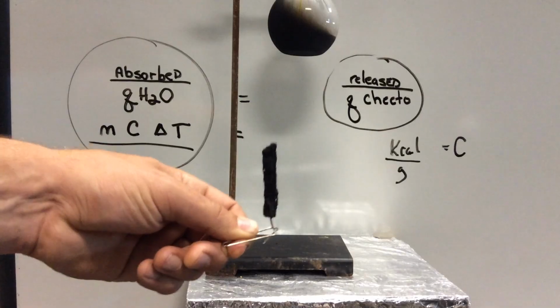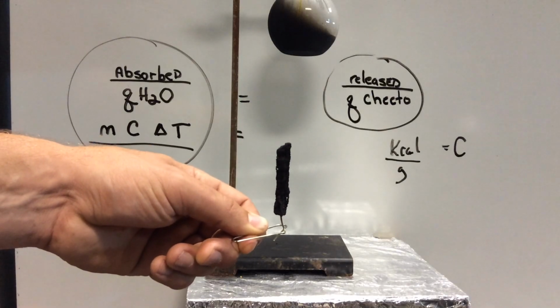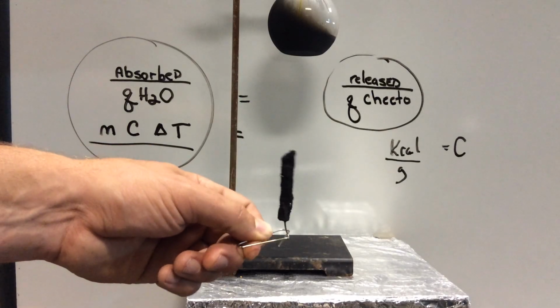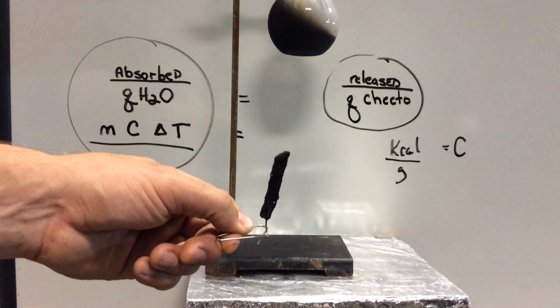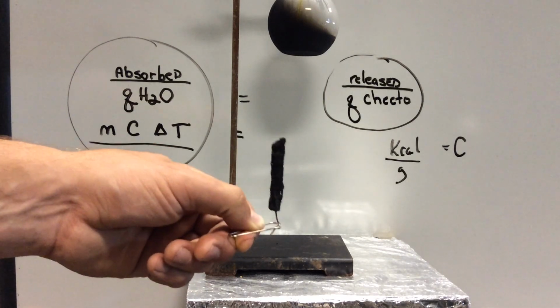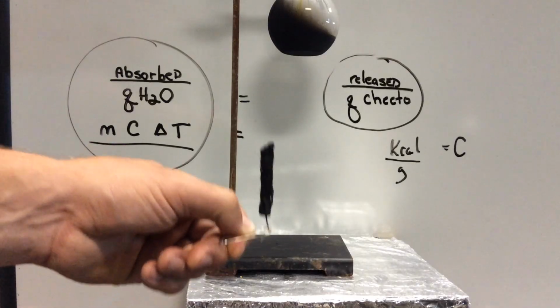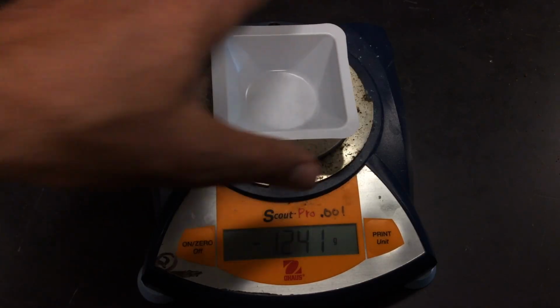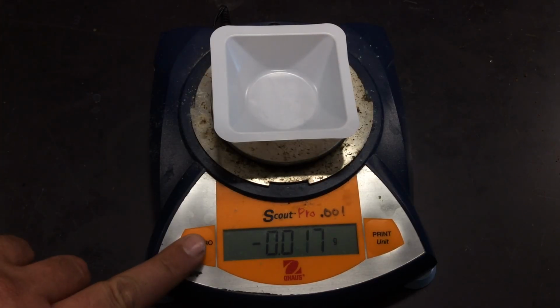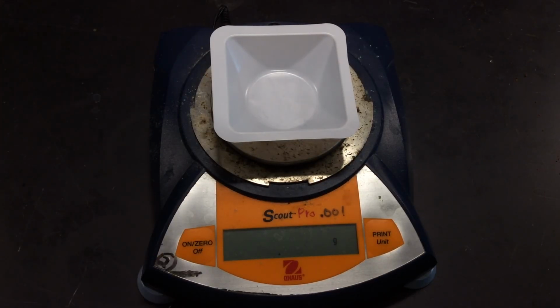So what we're going to do in this lab is measure out the mass of this carcass of this Cheeto. And the difference between what we started with and what we ended with tells us how much Cheeto actually combusted, how much fat there was actually in this Cheeto. So let's go mass this out. So here's our scale back. We're going to put our container. We're going to hit re-zero just to make sure it thinks that that's part of the container.